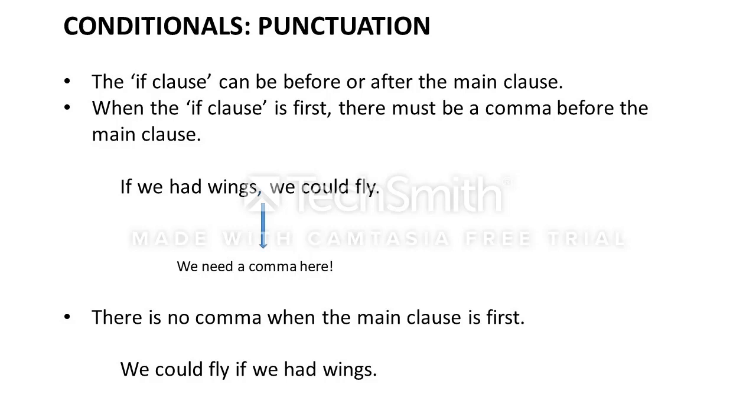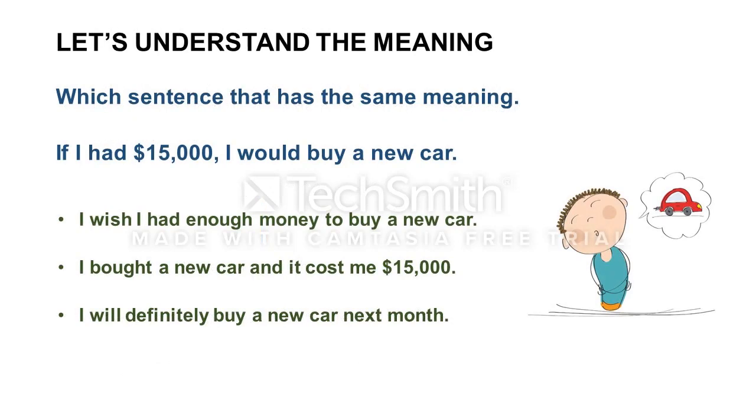Okay. Now, let's understand the meaning. I have in this case different sentences, and you have to try and understand the meaning according to this first sentence. It says, if I had $15,000, I would buy a new car. So which of these sentences is the most appropriate according to the meaning that I'm expressing there?